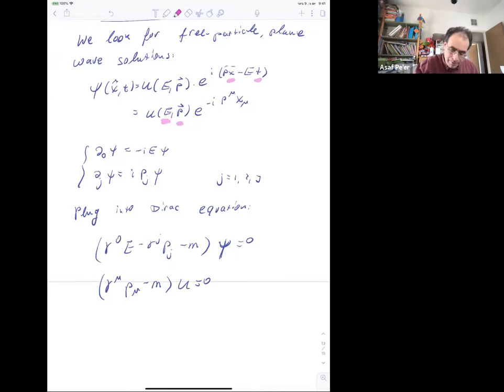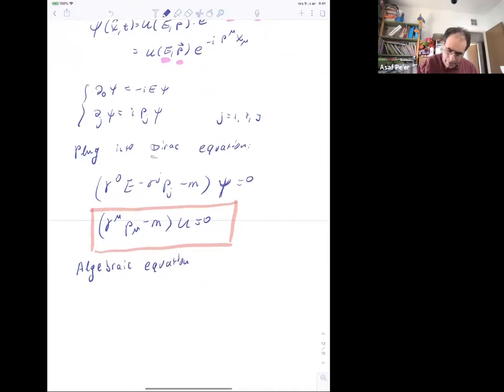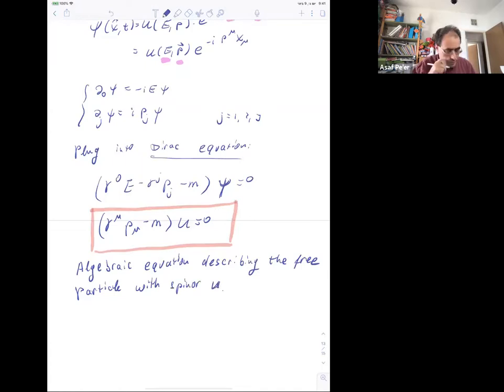So now we ended up with an algebraic equation that describes the free particle spinor u, and there are no derivatives here.